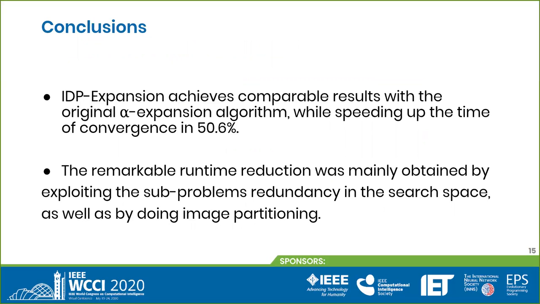IDP expansion achieved comparable results with the original alpha expansion algorithm, while improving the time of convergence. The runtime reduction has been obtained by exploring the subproblem reduction in the search space, as well as by doing image partition.